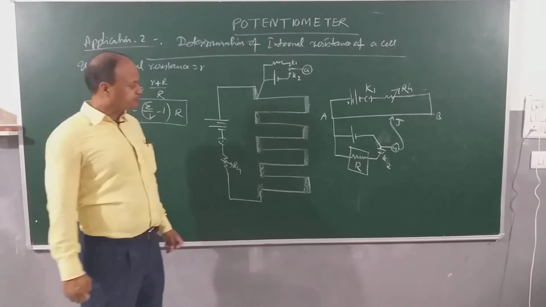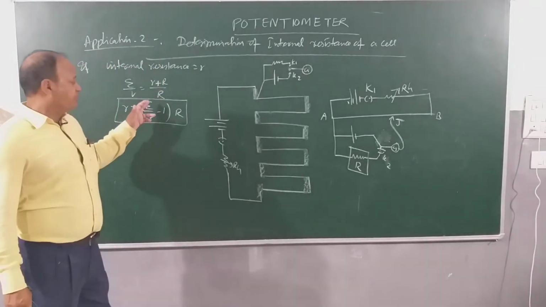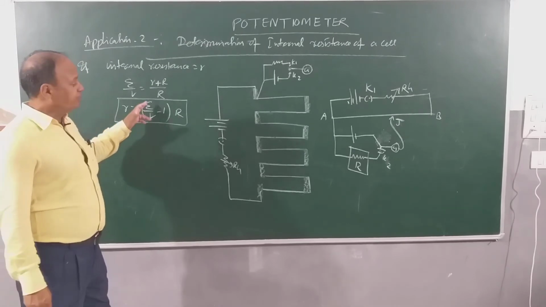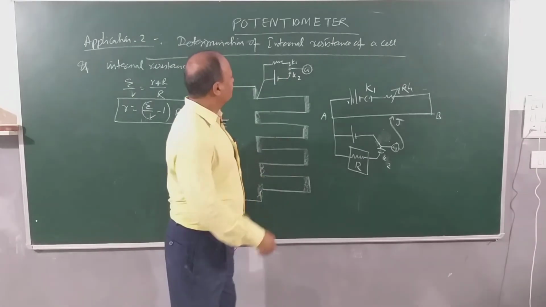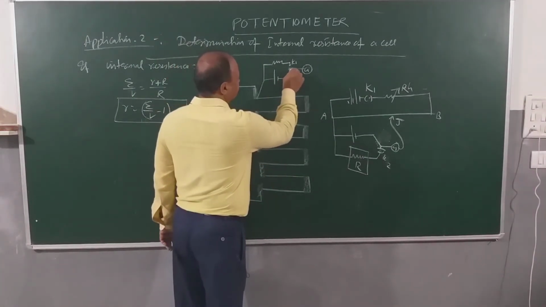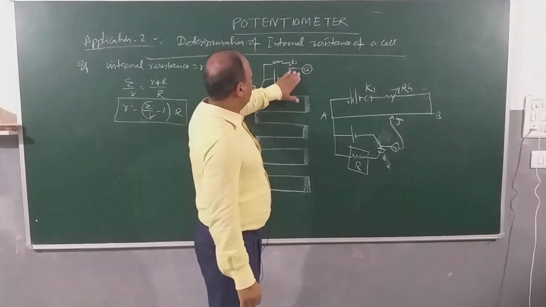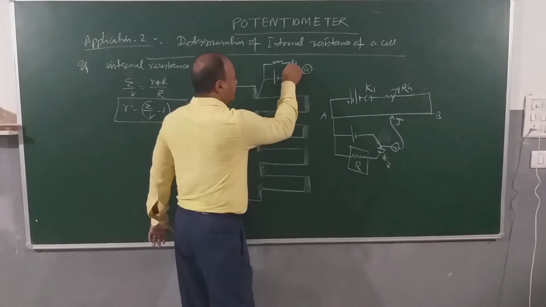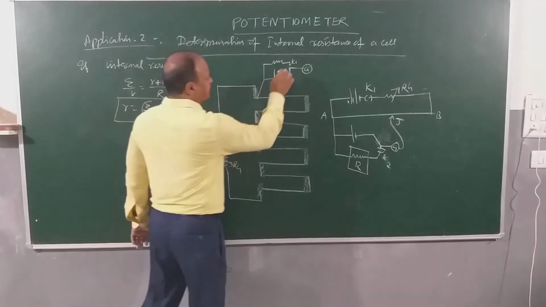Okay, now children, for calculating internal resistance, we just have to compare the values of E and V. Now what I will do is, I will remove this key. In fact, if you see it here, this key is always closed. I will directly connect it, and I will call this key K1, and I will call this K2.